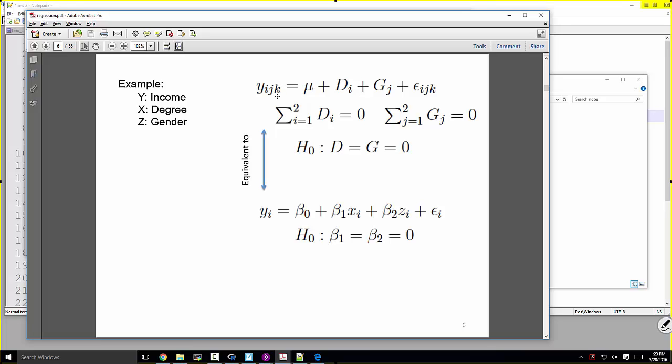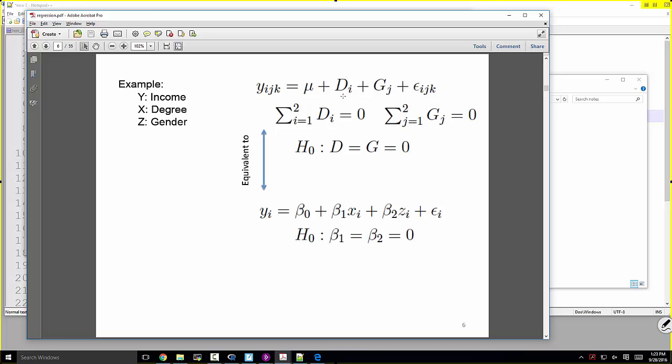But the mean is written a little differently. We write it as an overall mean plus a degree effect and plus a gender effect. And those degree effects are restricted to sum to 0. The gender effects are restricted to sum to 0. That's for identifiability purposes. Otherwise, you have too many parameters to estimate.